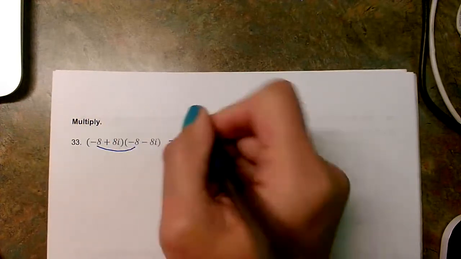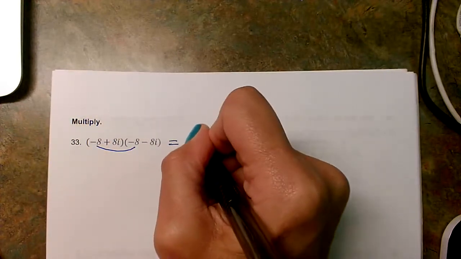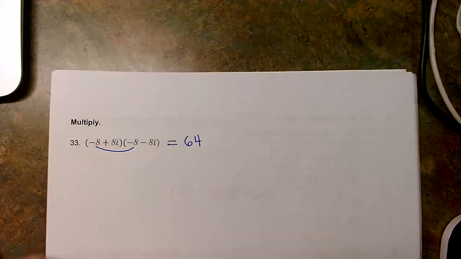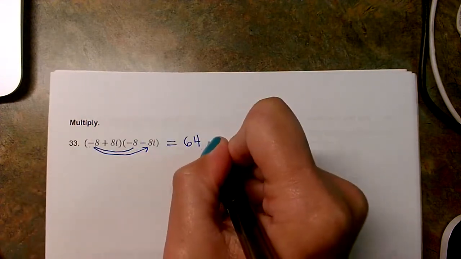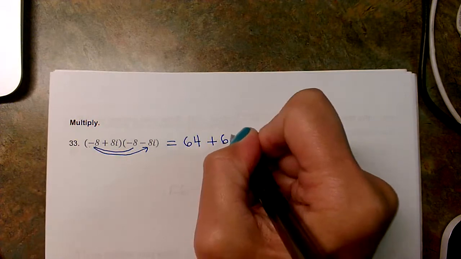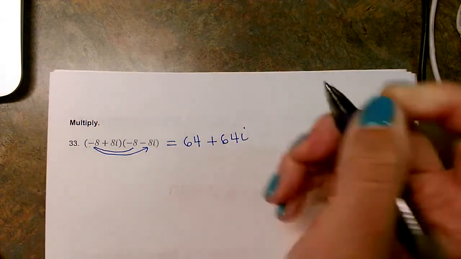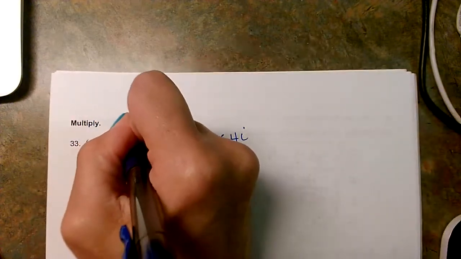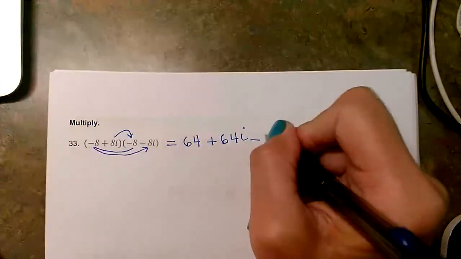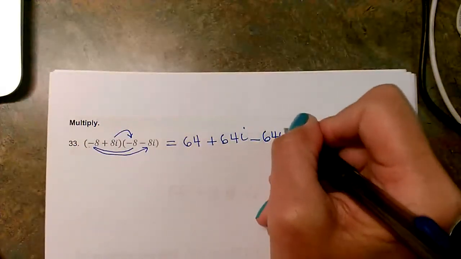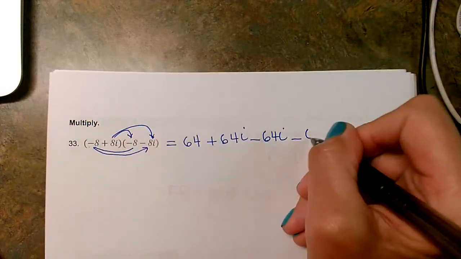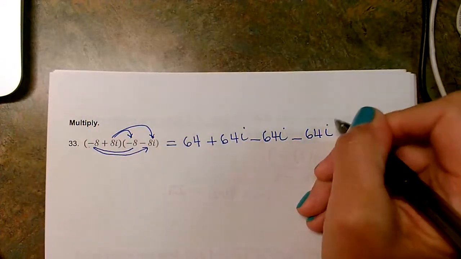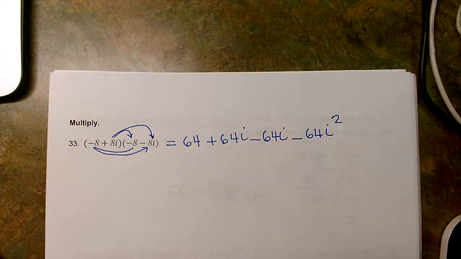So negative 8 times negative 8 is 64. Negative and negative is positive 64i. This is negative 64i, negative 64i to the second power.